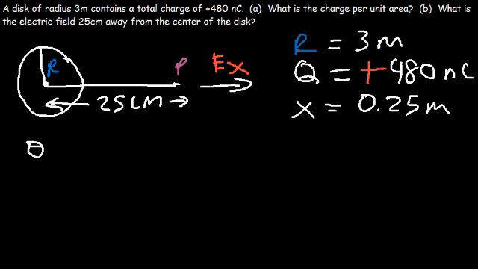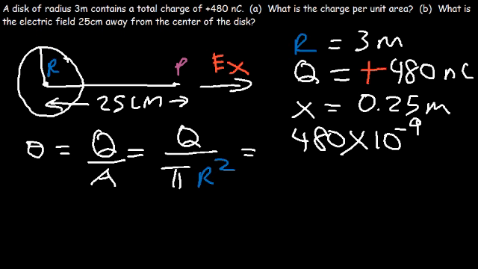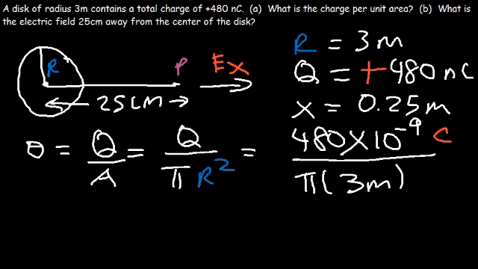Now sigma, which represents the charge per unit area, is Q divided by A. The area of the disk is basically pi r squared. So therefore, the charge per unit area is going to be 480 times 10 to the negative 9 coulombs. Nano is 10 to the minus 9, divided by pi times 3 meters squared.